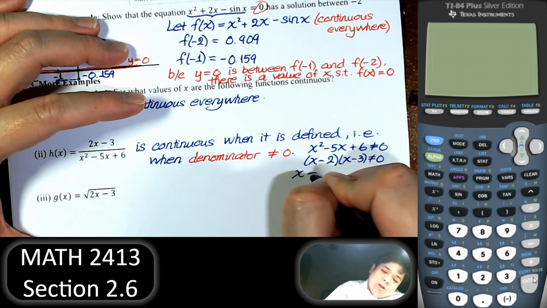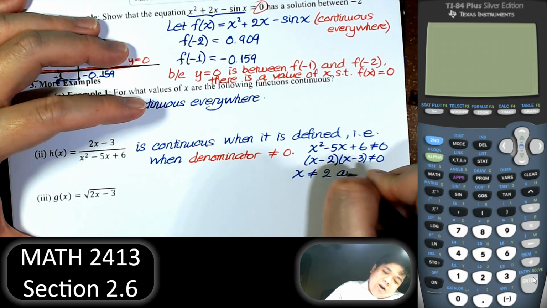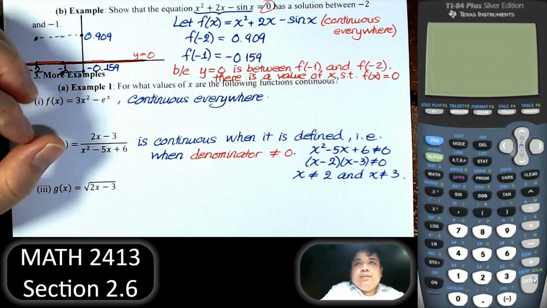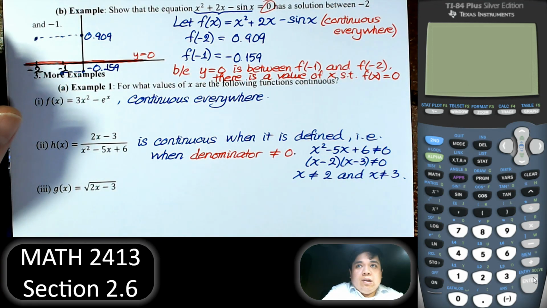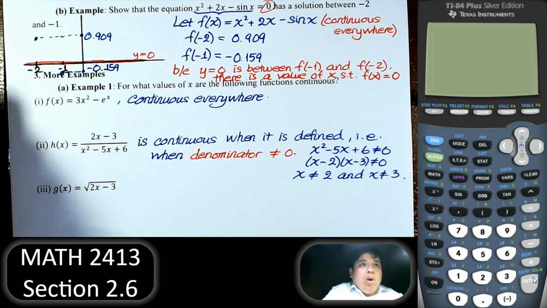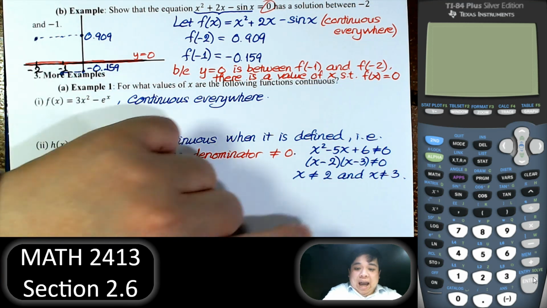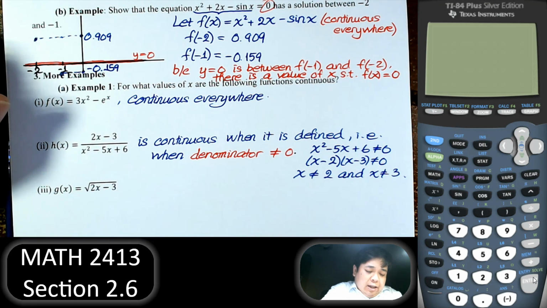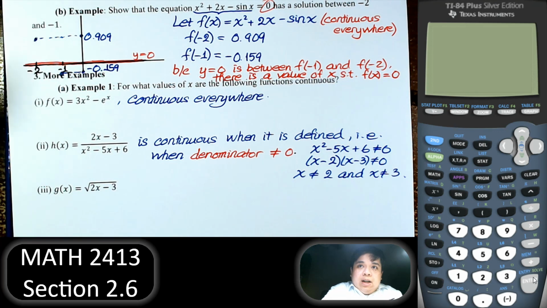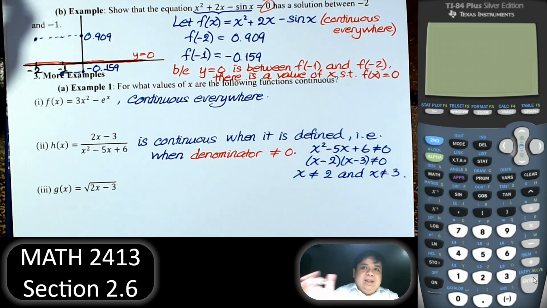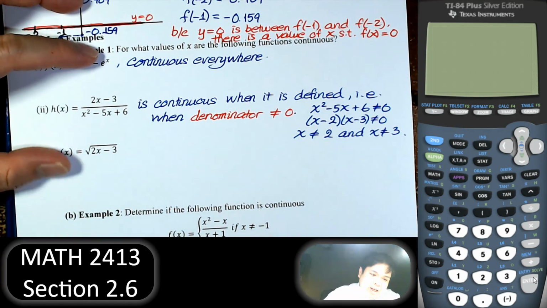So x not equal to 2 and x not equal to 3. The function will be continuous when x not equal to 2 and when x not equal to 3. It has to be "and", because if it's only x not equal to 2, it can be equal to 3. So it cannot be either one of them.